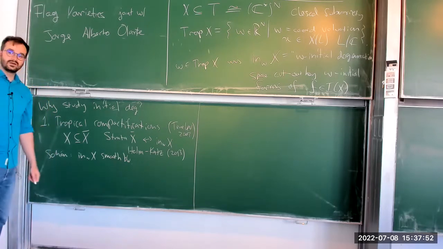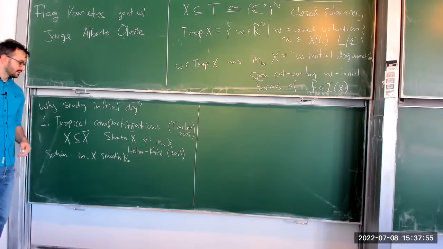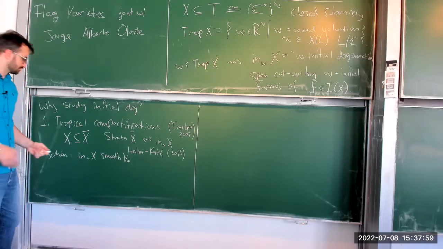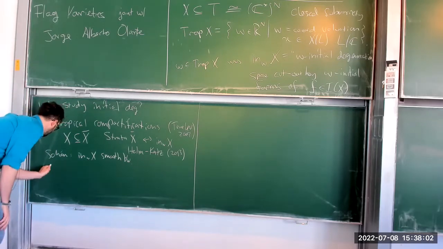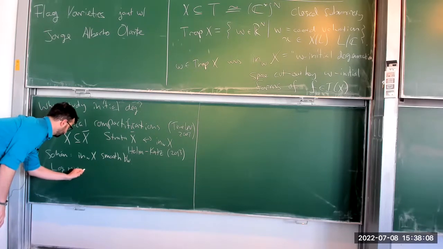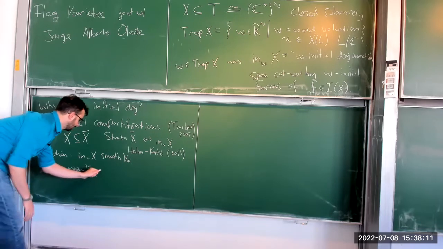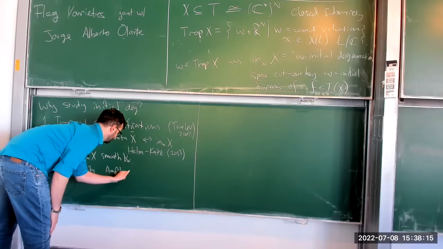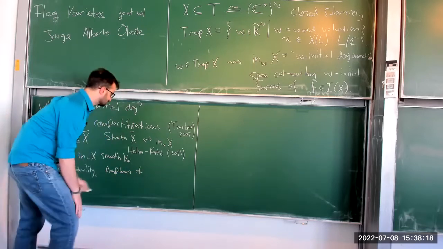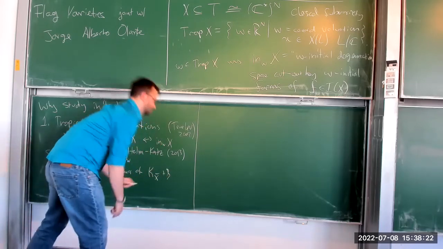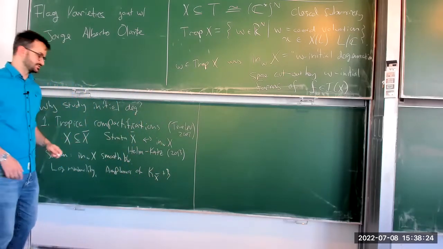And for this class of varieties, notions from birational geometry admit tropical characterizations. For example, this notion called log minimality or ampleness of the log canonical divisor all have tropical characterizations.